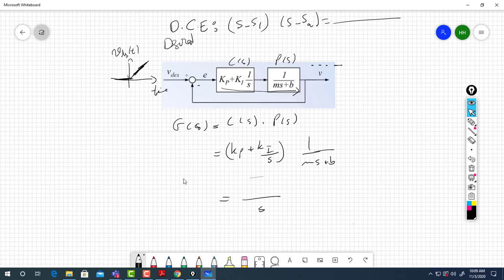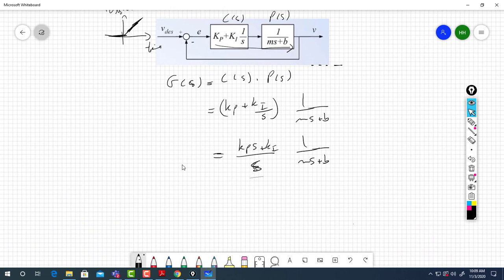Then maybe here I take s common, and I get (Kp s plus Ki) over s, times 1 over (Ms plus B). So this is s. Okay. So then what's the type of this system? 1. This is a system of type 1.